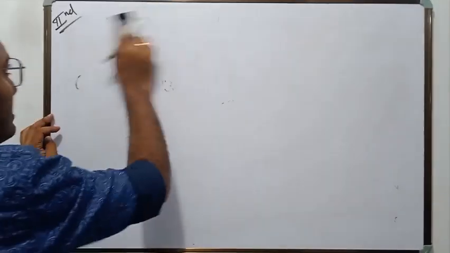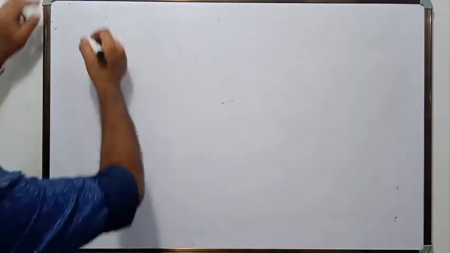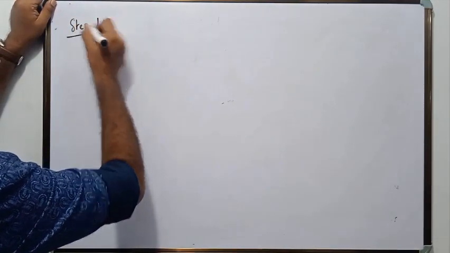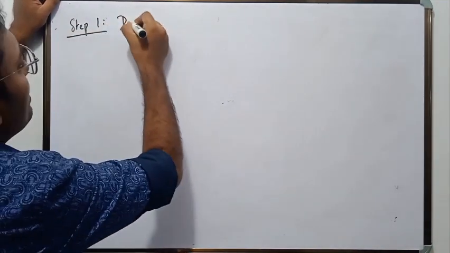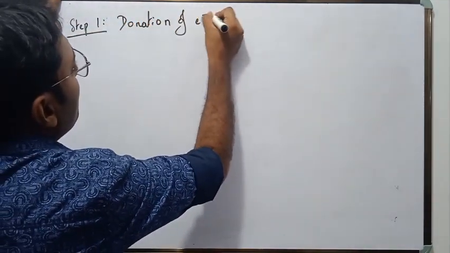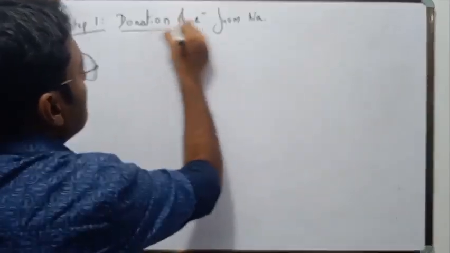Mechanism. There are 4 steps in the mechanism. Step number 1: donation of electron from sodium metal. Let us see what is happening.